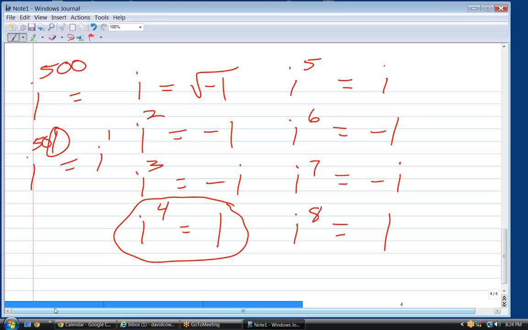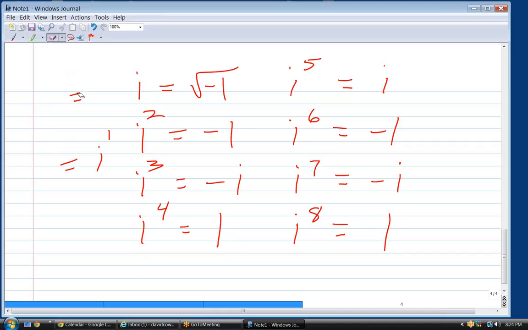Right. But the problem you're going to have to do on any test is going to look like that. I've frequently seen 500, but maybe this. As long as you know that if it's divisible by 4, it's equal to i to the 4th, or 1.